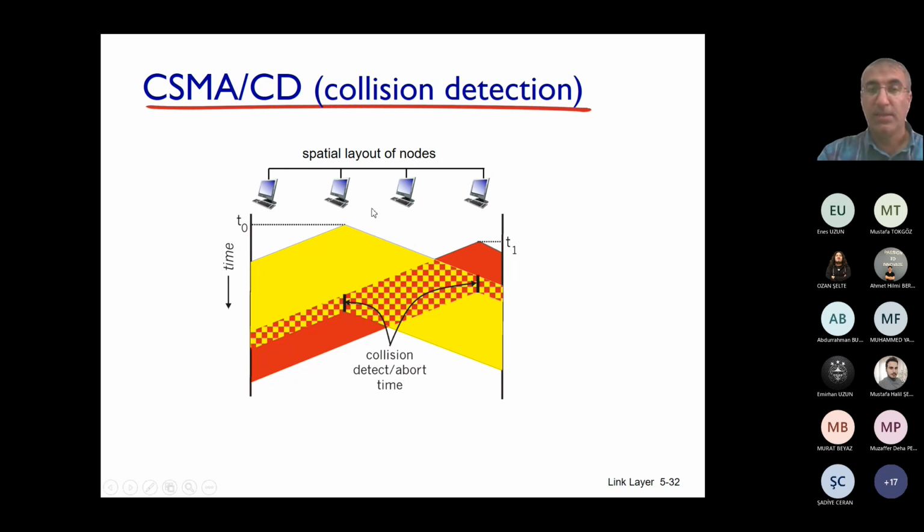Similarly, the second node can detect the fourth node's signal at this time, determines that there is a collision, and immediately aborts the transmission so that it can avoid the channel wastage.